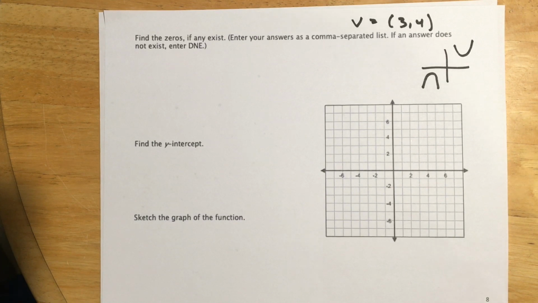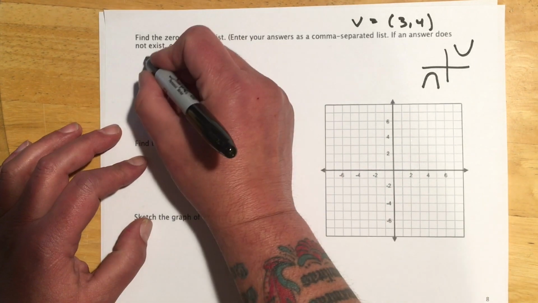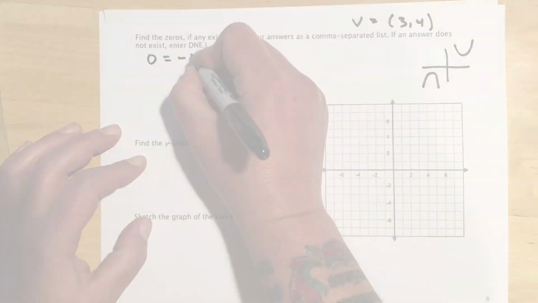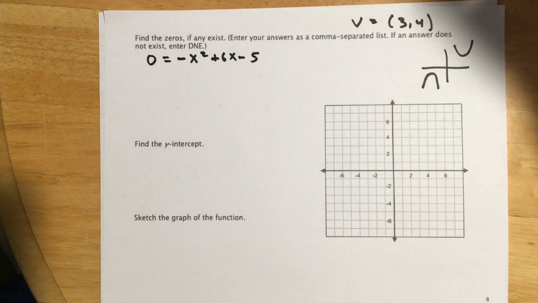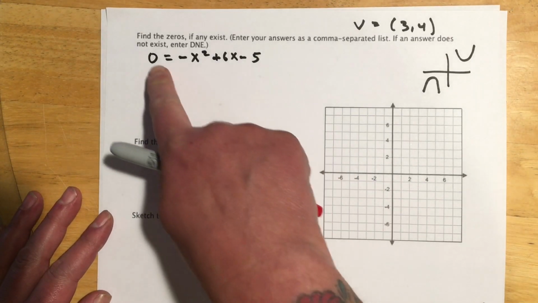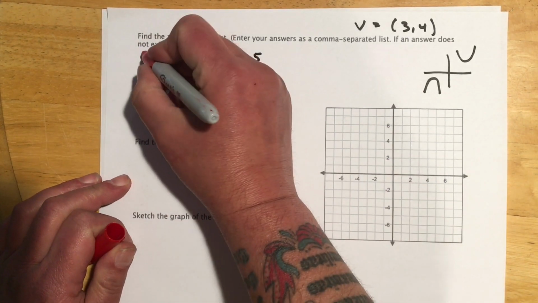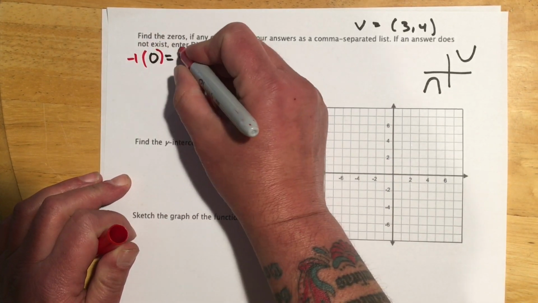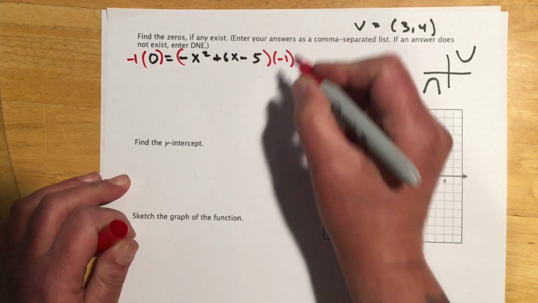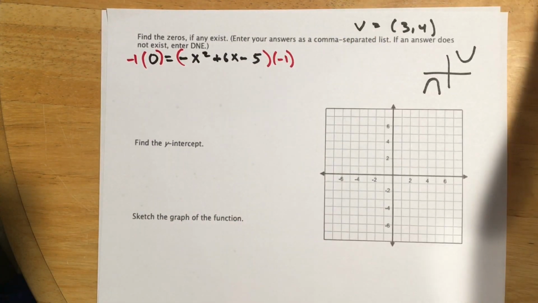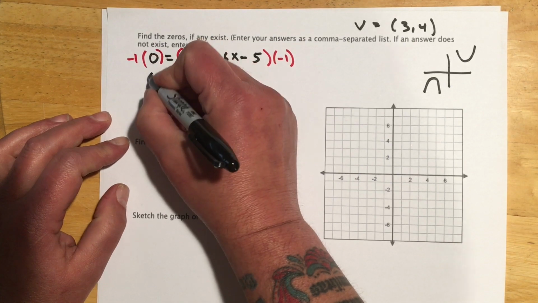So for this one, let me just grab the equation from the last page. And so what I'll do is, I'm going to multiply both sides by negative 1, just because I don't like factoring with a negative leading term. I think it makes it harder. So negative 1 on both sides. And that makes this still 0.